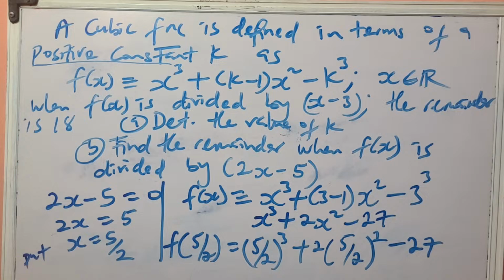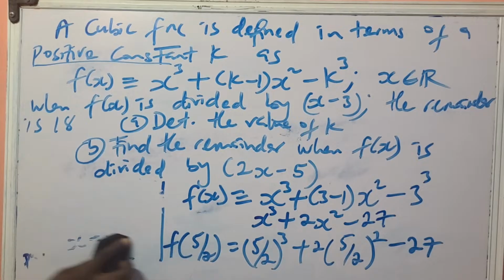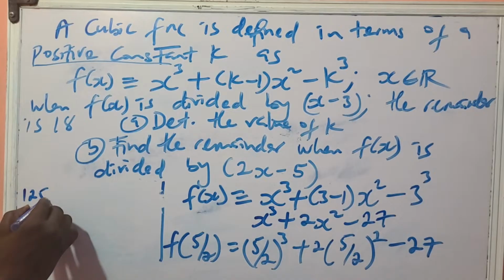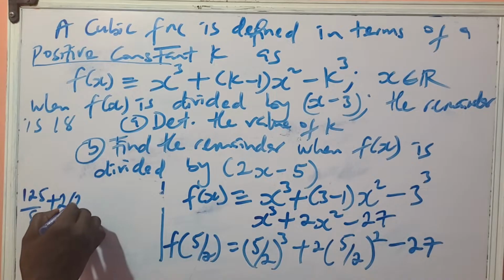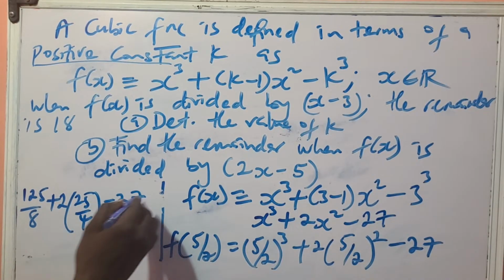Looking at what we have here, the cube of 5 is 125, so that will be 125/8, plus 2 times 25/4, and then minus 27.